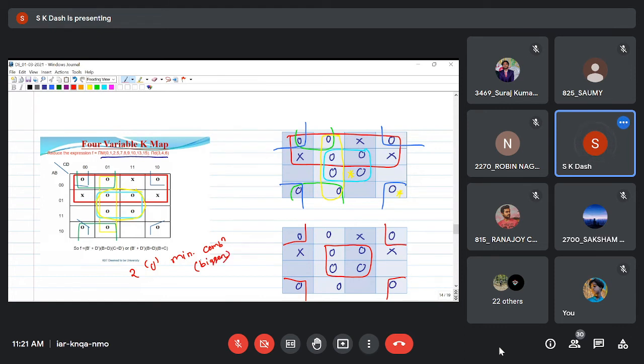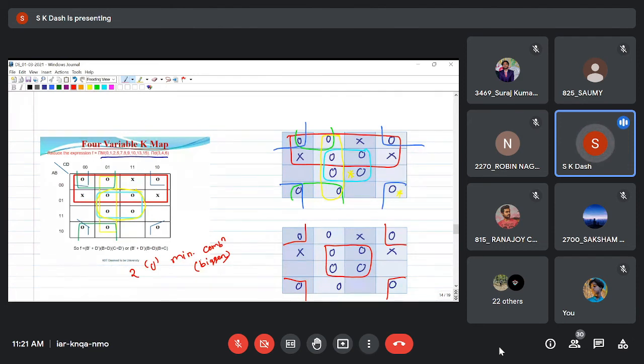So can we form a combination? First of all, two zeros are there. So here a bigger combination, octet, is available. So using an octet, can I cover all those two zeros? Is it possible? If I go for an octet, can both the zeros be covered?